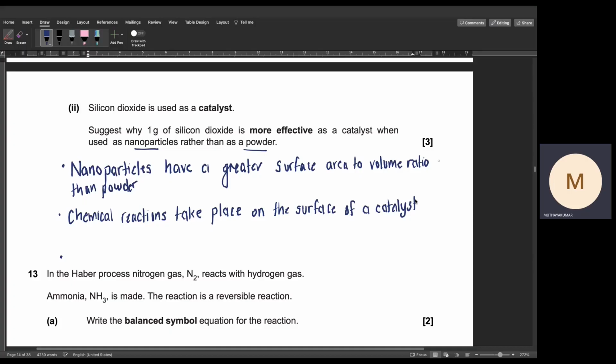So due to this, if we've got a greater surface area, that's going to enable more frequent collisions to take place. We've got a greater surface area, reactions take place on the surface, and so we've got more frequent collisions and therefore a higher rate of reaction or faster rate of reaction.